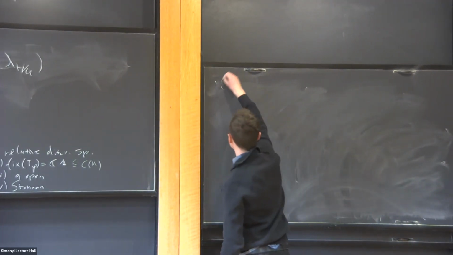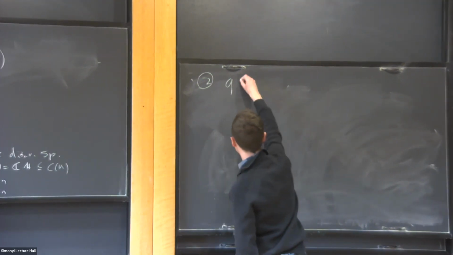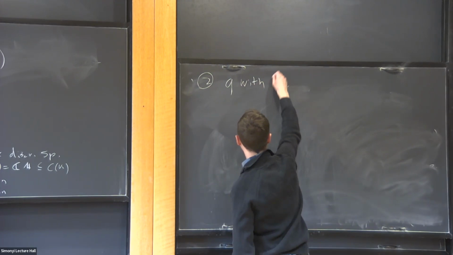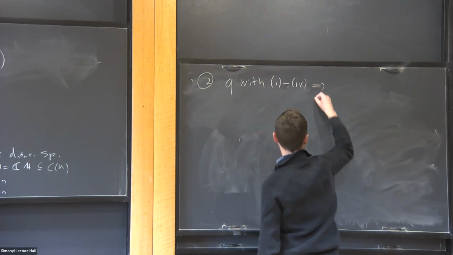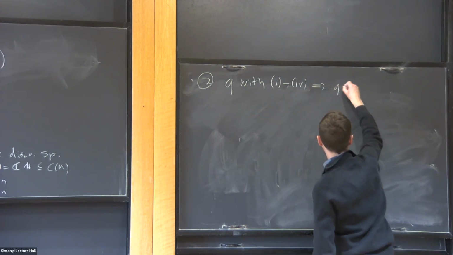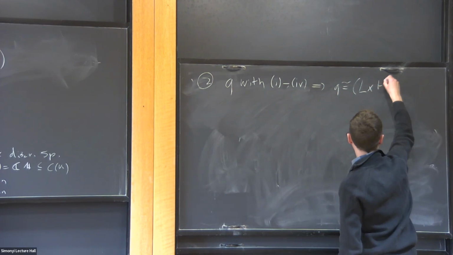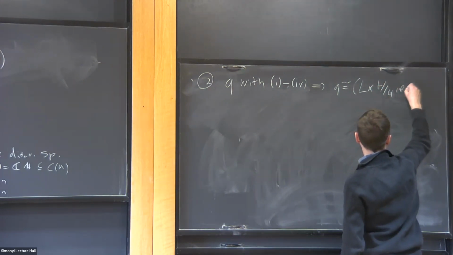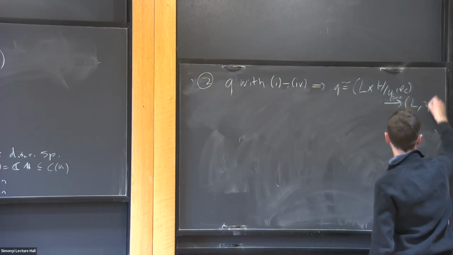So the second step is now to show that if I have an extension of topological systems satisfying these four properties, then it is actually given by a skew product, by projection onto the first component.